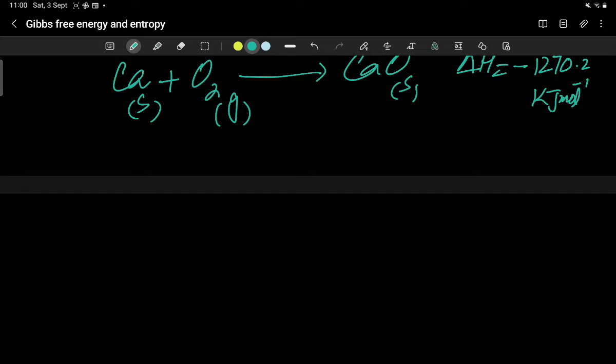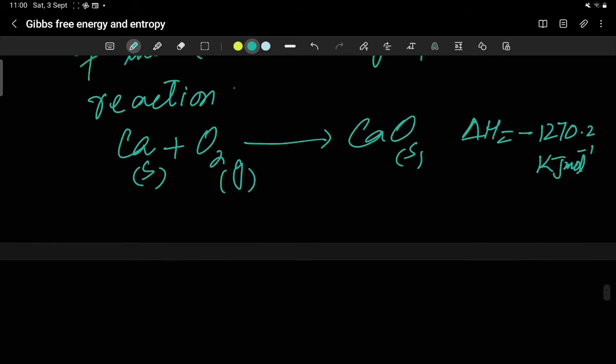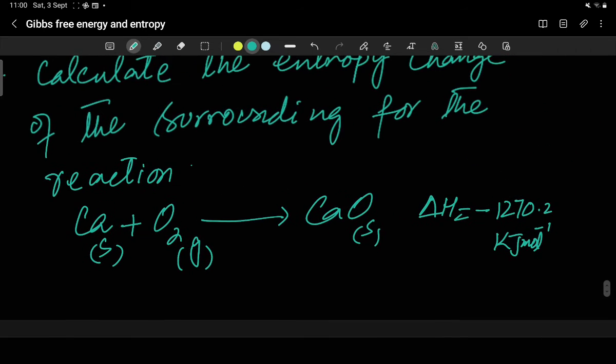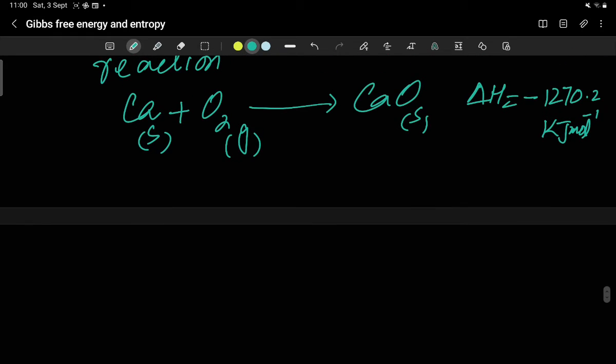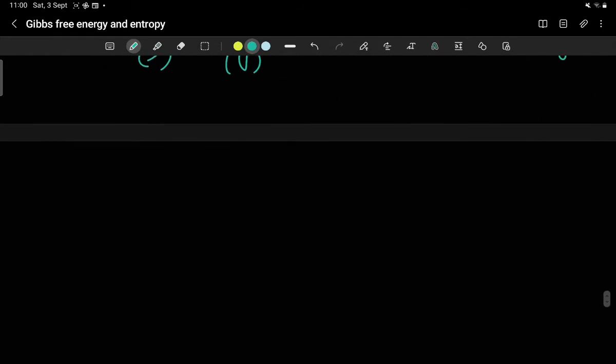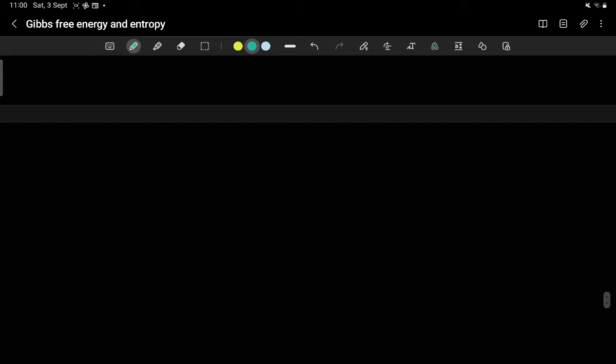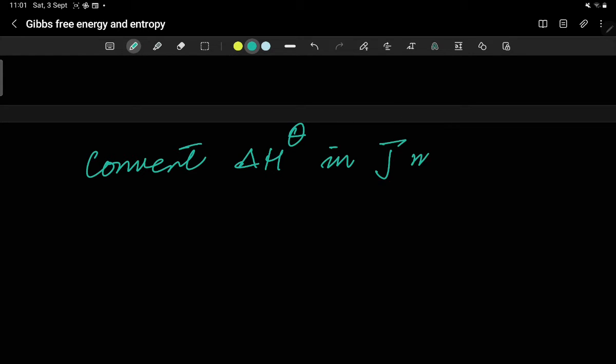So first, in the first step, we must convert delta H into joules. Convert the enthalpy change into joules mole inverse.